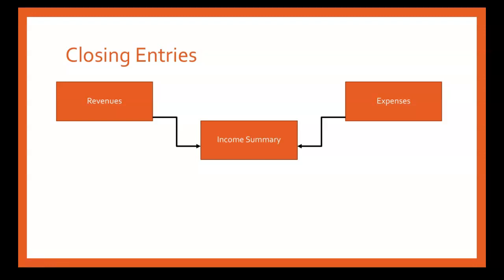And our third closing entry is to close our income summary to owner's capital. So what's happening there is we are taking our net income or our net loss and affecting our owner's capital by that amount, right?